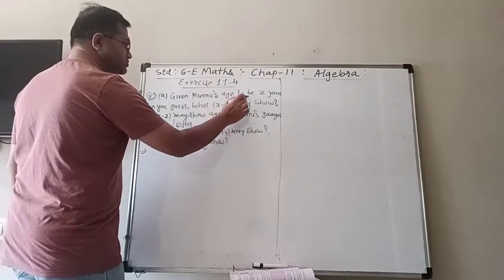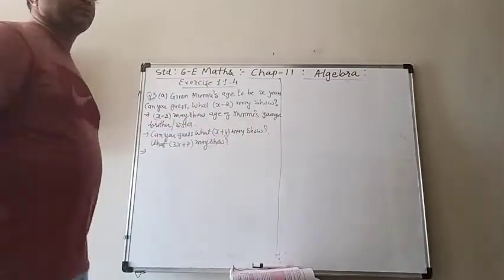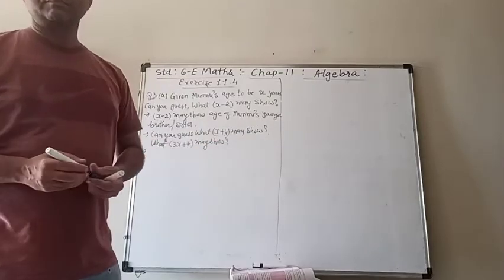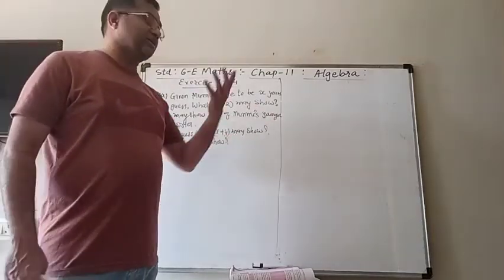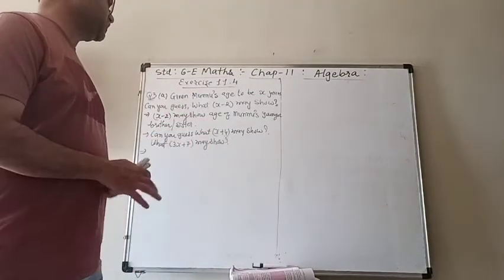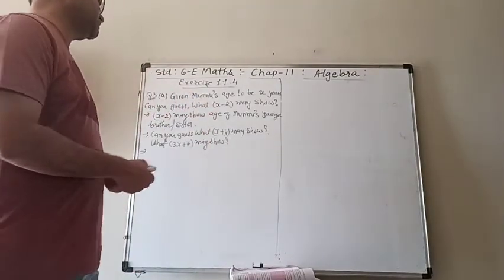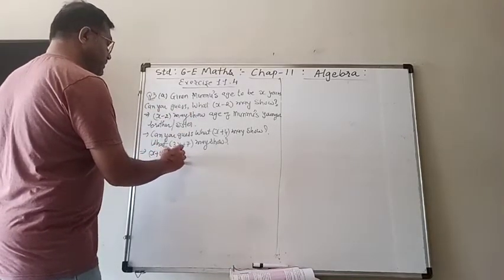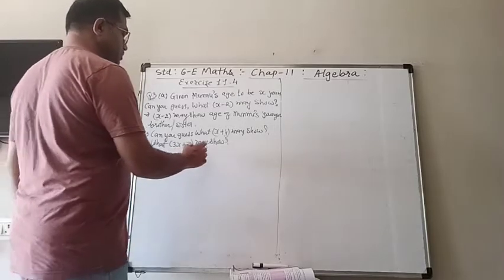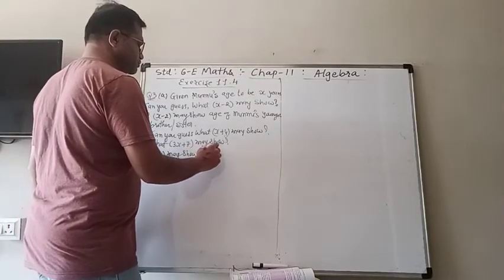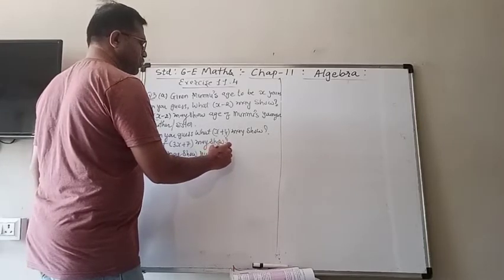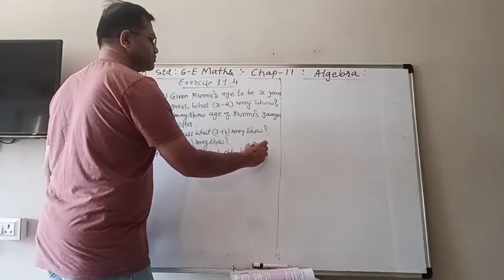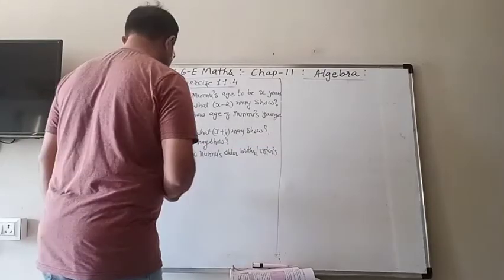Now here x is Munnu's age, so for x plus 4 we have to think of a brother or sister only, because your parents cannot be only 4 years older than you. So x plus 4 may show Munnu's older brother or sister's age.